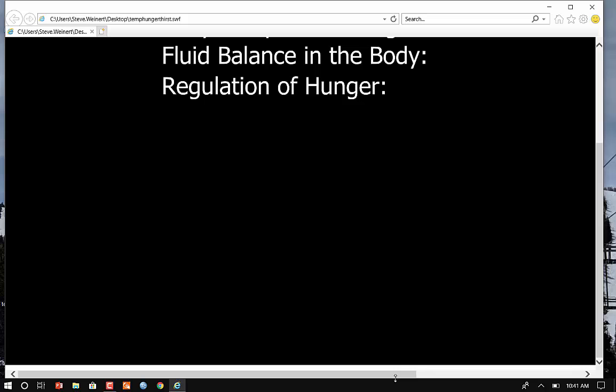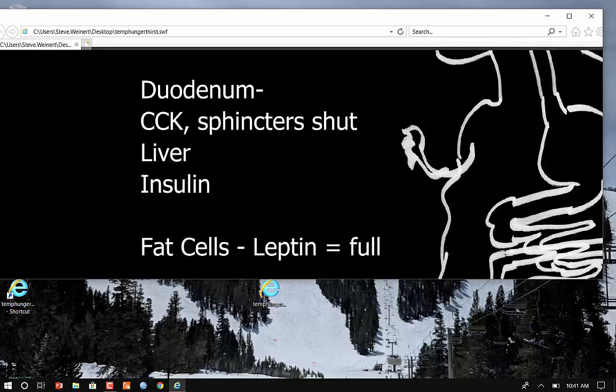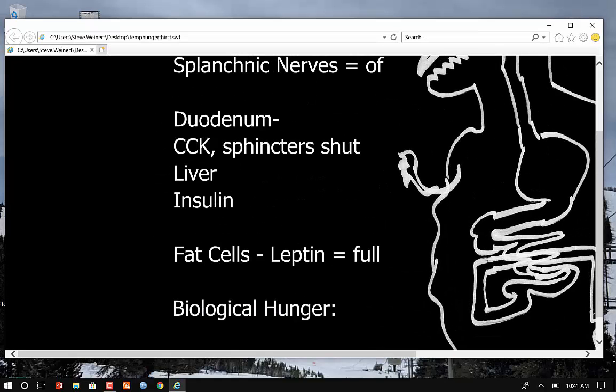When people say, I'm going on a diet, what do they mean? They're changing the way that they eat. Because you have a diet, and your diet is consistent.